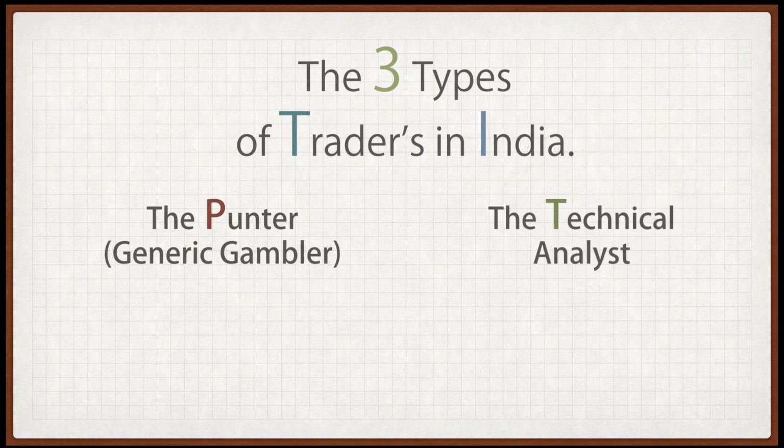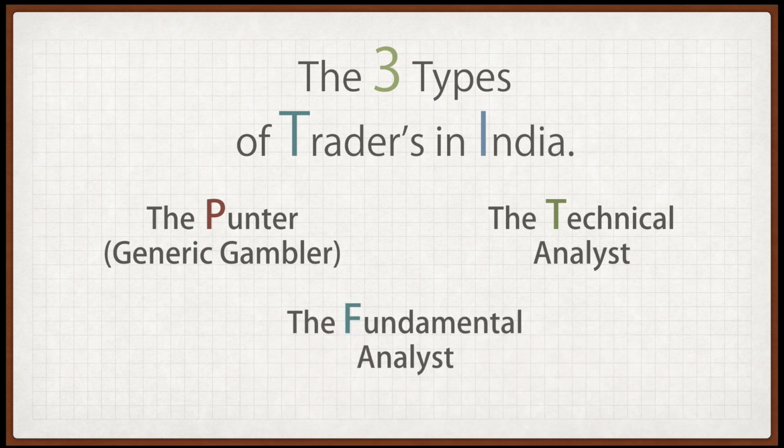So the second type of traders is the technical analyst. What these traders do is they interpret the possible price movements of the stock using the historical data or the historical prices of the stock and determine the movement the stock will make in the near future. So this is what I'll teach you, and then we'll move on to the most important one, the fundamental analyst, where people read the balance sheets of the company.